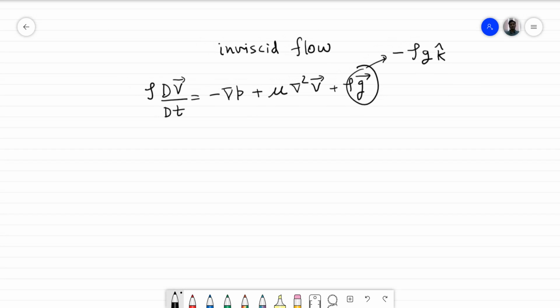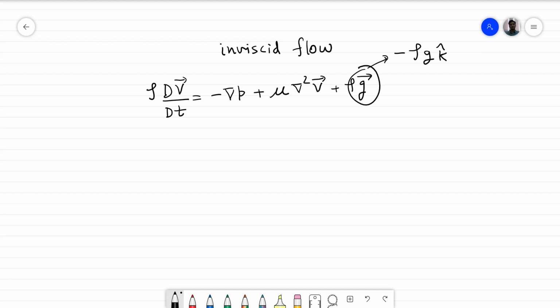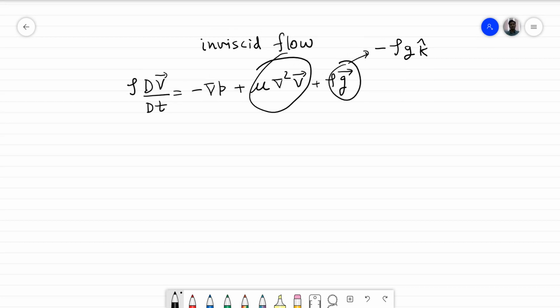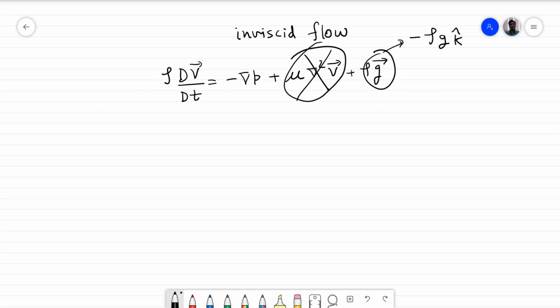Now if the flow is inviscid, which means the viscosity is zero or viscous stresses are zero, or there are no gradients in velocity, either of those things, then this term can be neglected, because it is inviscid flow.